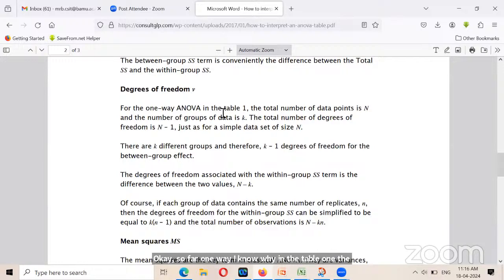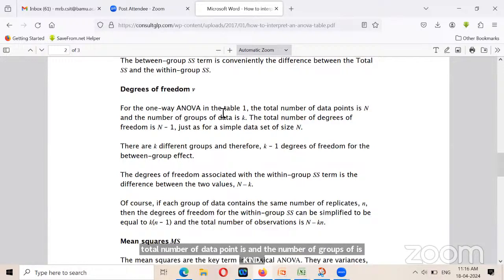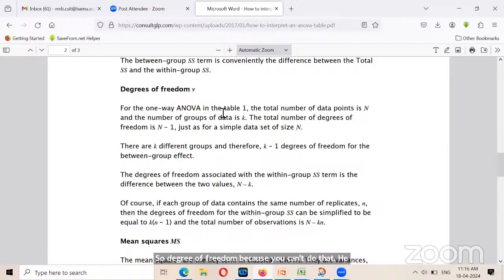Degree of freedom is calculated by taking the number of data points minus 1, n-1, and for the groups, k-1. In our case, n-1 will be 10-1, and k-1, with a total of 3 groups, means 3-1 will be the degree of freedom.